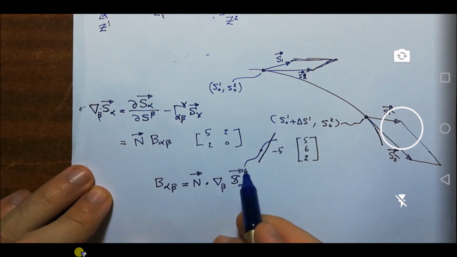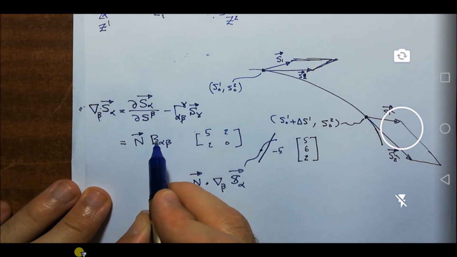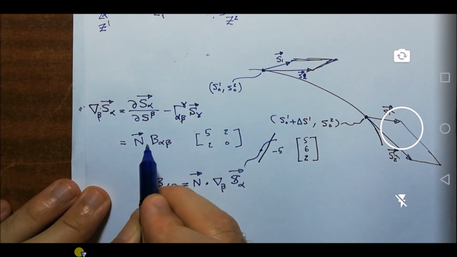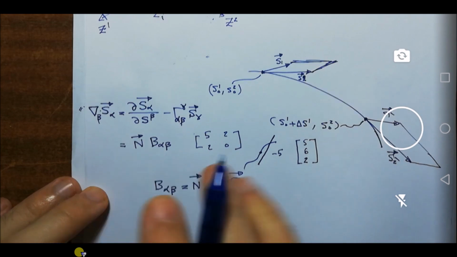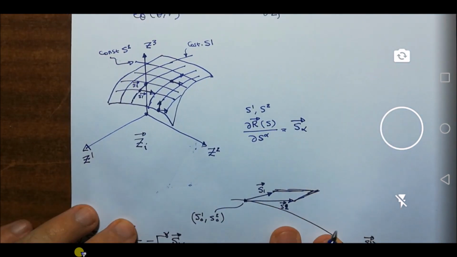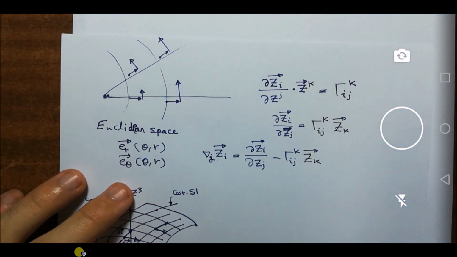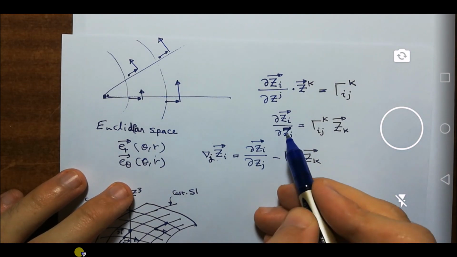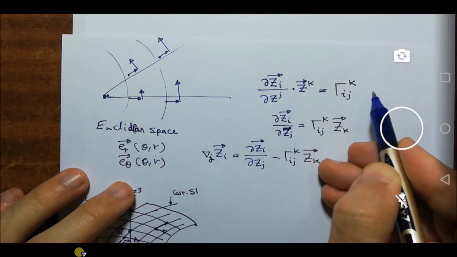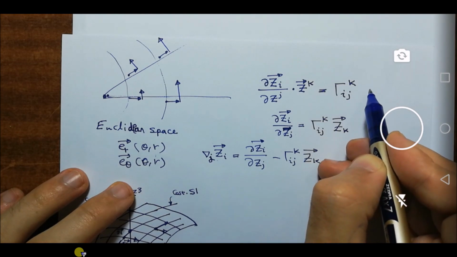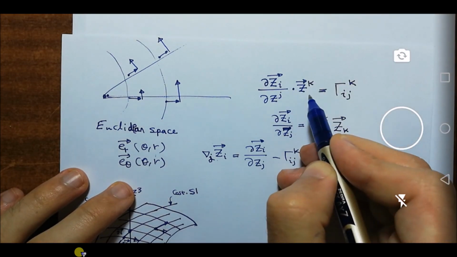You may be wondering, how did I get this from this? It is simple. I just dotted both sides with n. You know, it's just like the way I got the explicit definition for this from this. I dotted both sides with the contravariant version of, with the covariant version of this one.